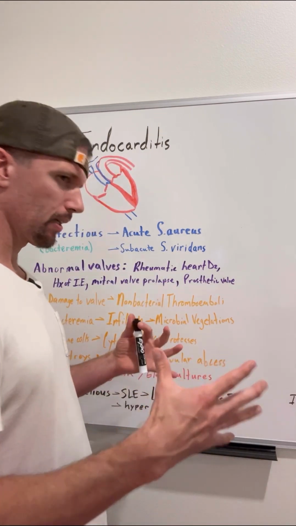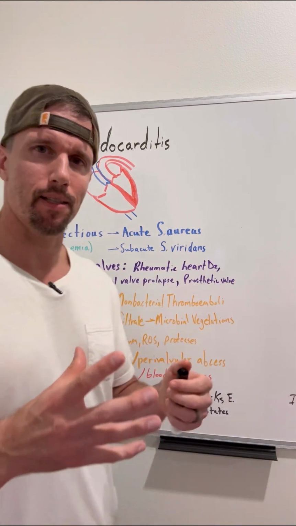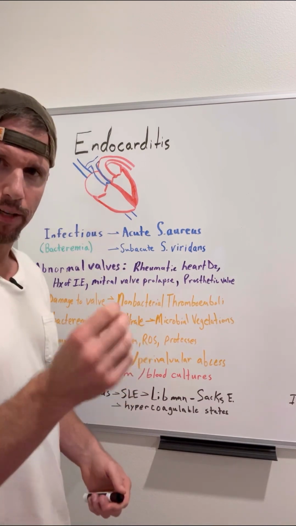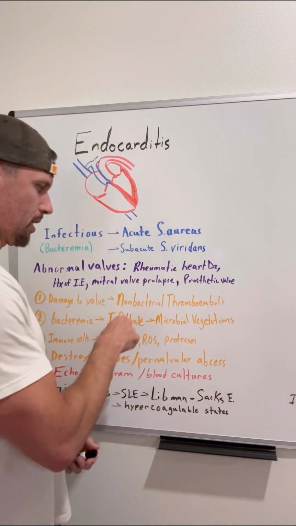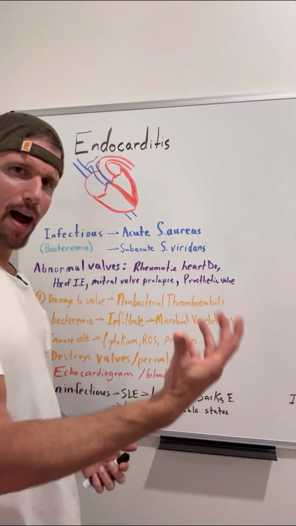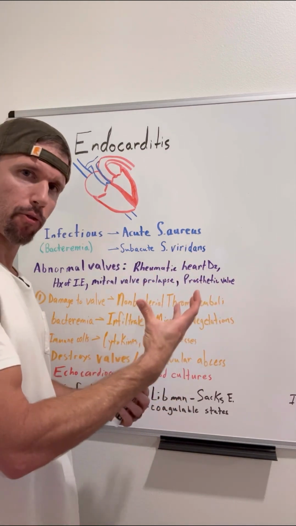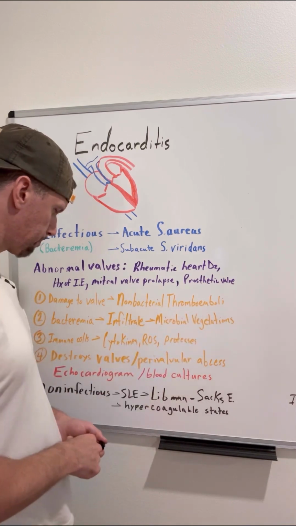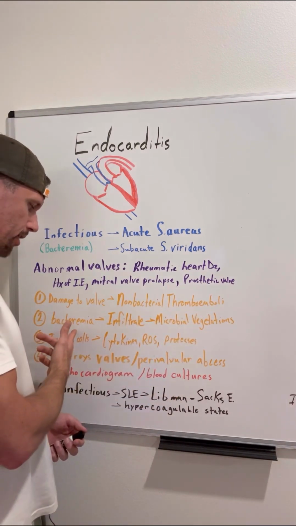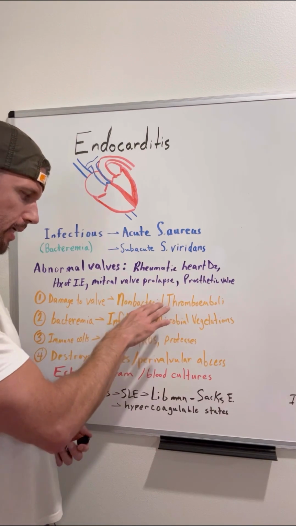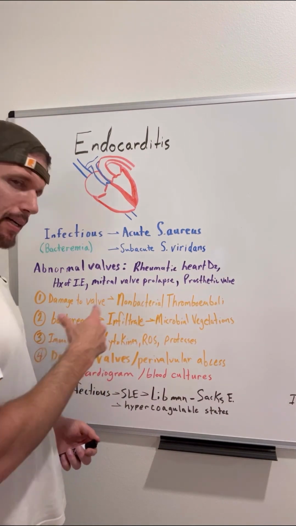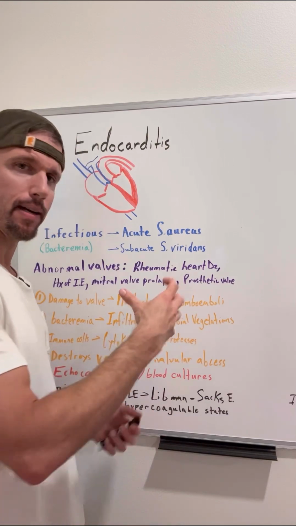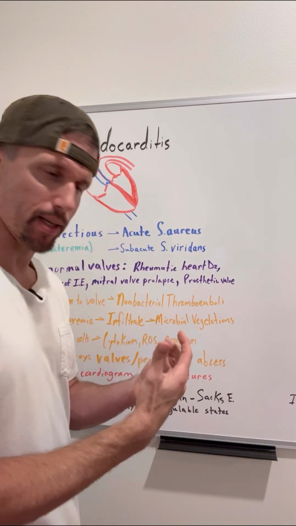So let's bring it all home and summarize the steps that happen. You get some kind of damage to the valve. It denudes that protective covering. And then you get platelets and fibrin come into the area, forming a thrombus or a clot. That's called a non-bacterial thromboemboli. And then if you get bacteria in the blood, once this has already happened, certain bacteria can infiltrate this clot and start to form vegetations within it.